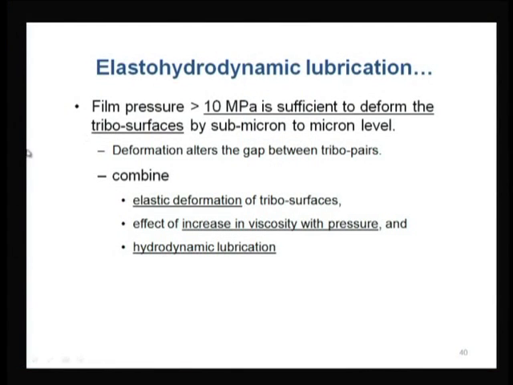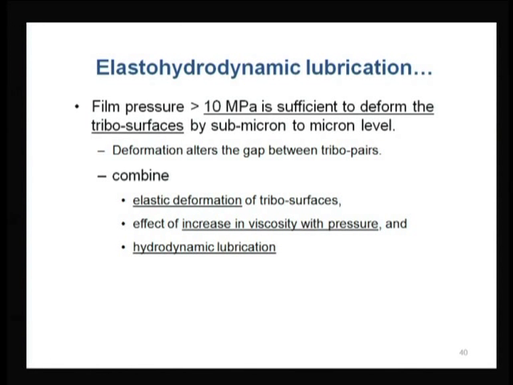Some concluding remarks from the elasto-hydrodynamic lubrication: a film pressure of even 10 megapascal is sufficient to deform the surfaces to the submicron to micron level, and this is causing the alteration in the gap between tribo surfaces, tribo pairs.